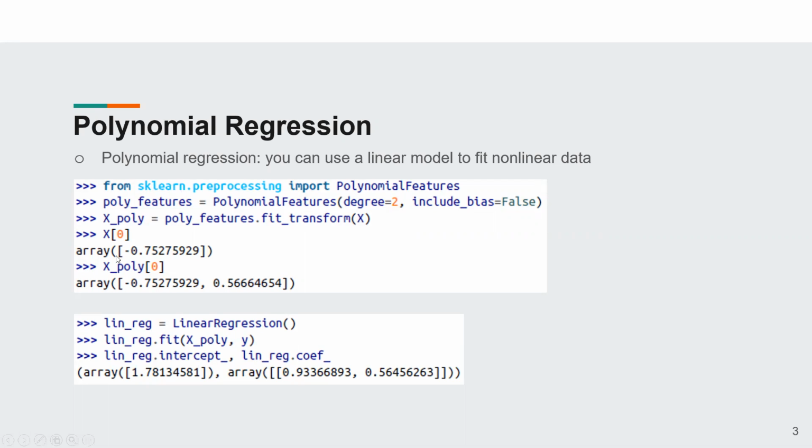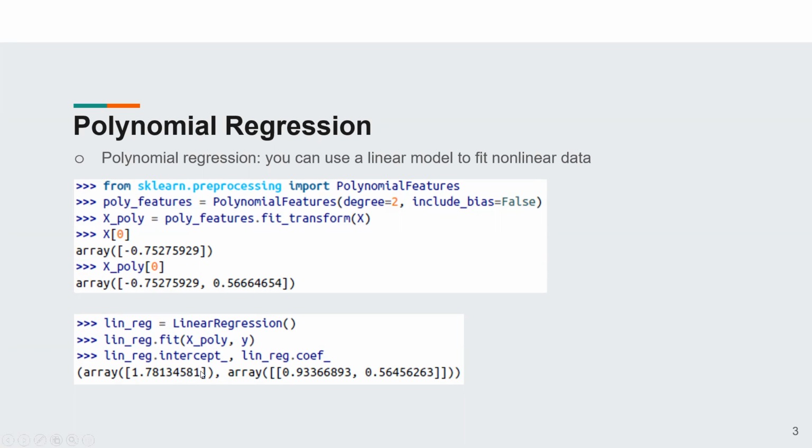It is coming from X poly. X poly is the transformed features, including higher degree polynomials. So essentially, we're fitting a function of y in terms of x1 squared, x2 squared, x3 squared, but the function form is linear. X is preprocessed to have polynomial terms.